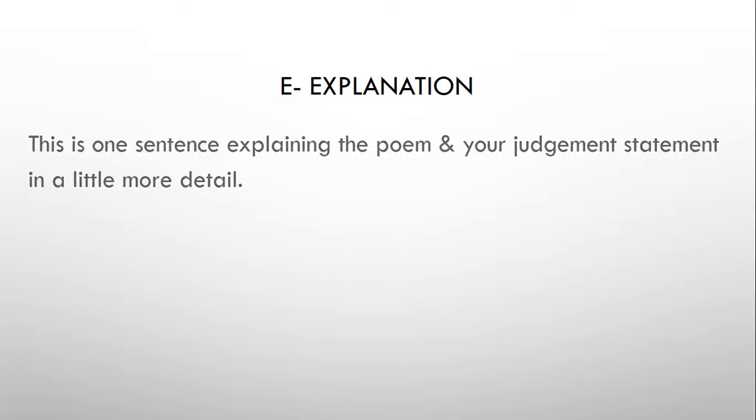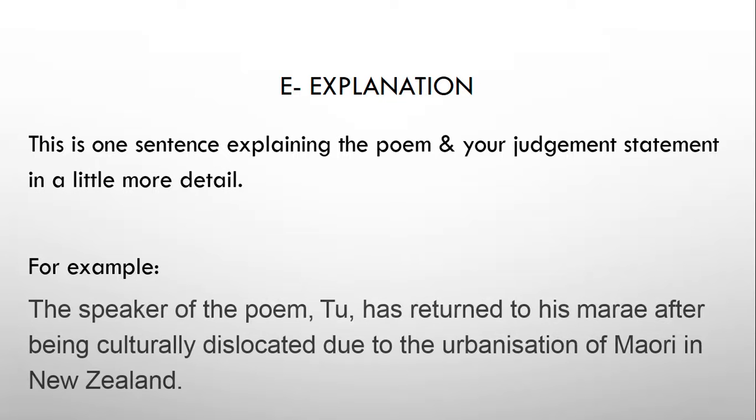So then we move on to E in SEXC, which stands for explanation. So the explanation is one sentence or more, but one is fine, explaining the poem and your judgment statement in a little more detail. So just expanding and giving some context. For example, leading on from that last example, the cultural dislocation judgment statement, the speaker of the poem, Tu, has returned to his marae after being culturally dislocated due to the urbanisation of Māori in New Zealand.